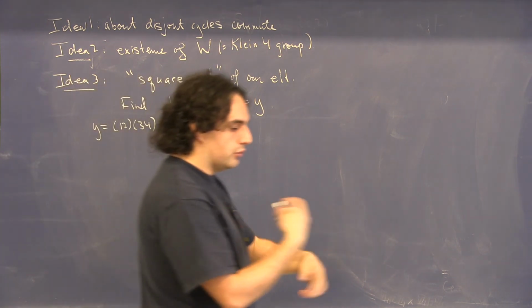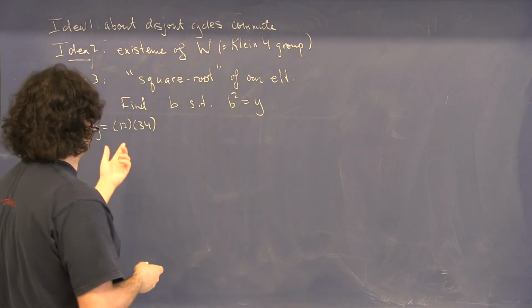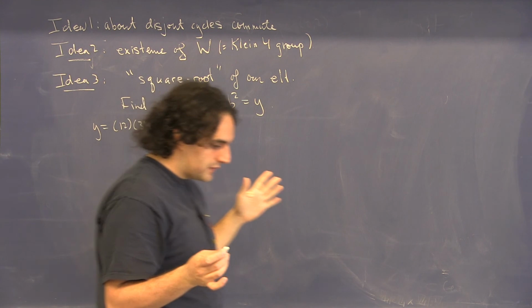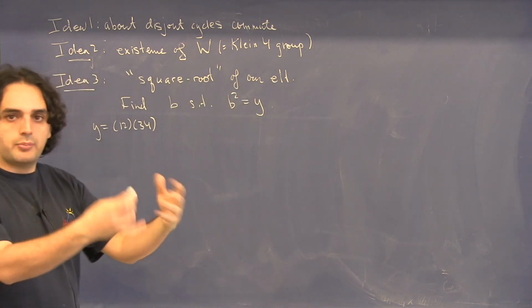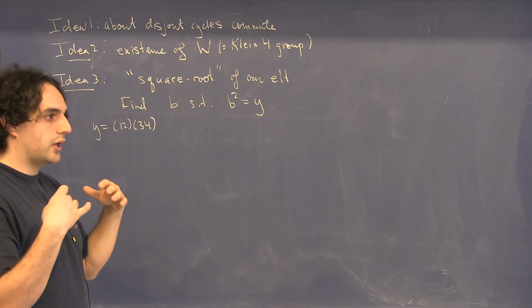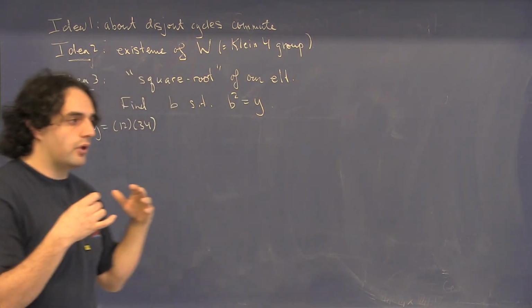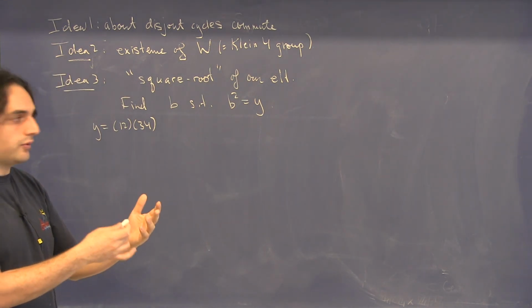If you've tried to square and cube and take powers of permutations, then you might have noticed that if you start from an n-cycle and you take powers of it, you will encounter things that are a disjoint product of d cycles, where d is a divisor of n.